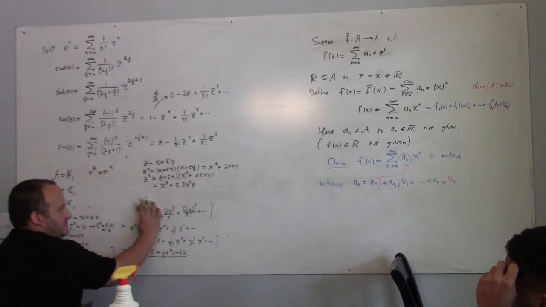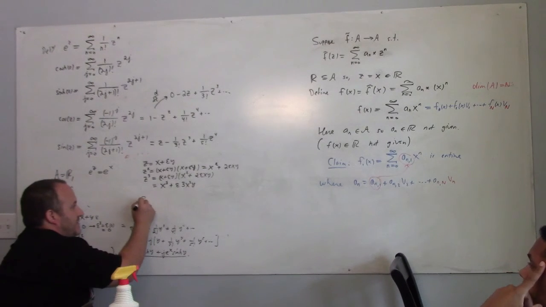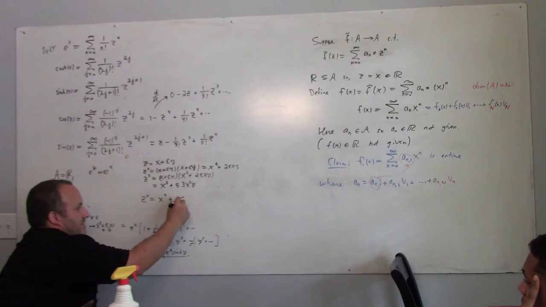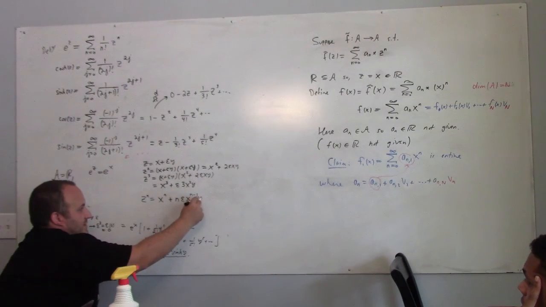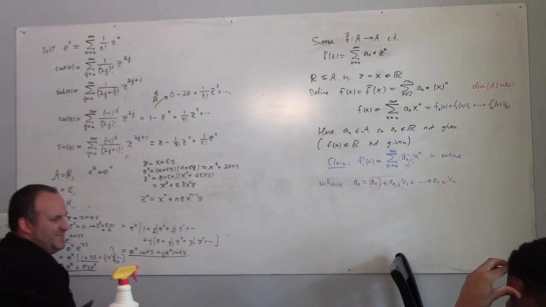So maybe you can see the pattern at this point. Z to the n is x to the n plus n epsilon x to the n minus 1 y. That's very weird.